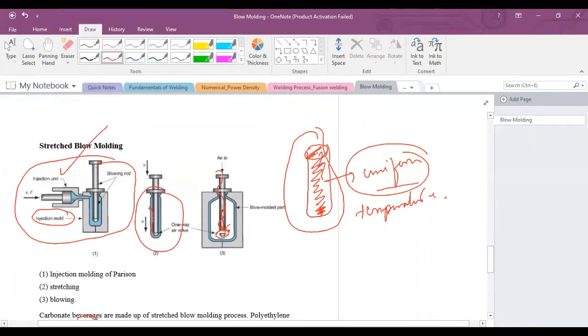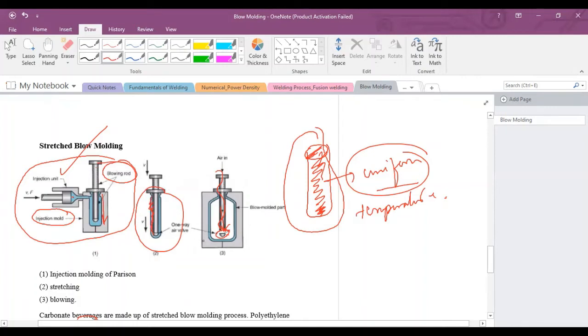Injection unit, molten material will fill. A blowing rod, or you can say a stretching rod, will be placed before flowing the molten material into the cavity. This blowing rod extends downward during the injection process, and the parison will be produced.